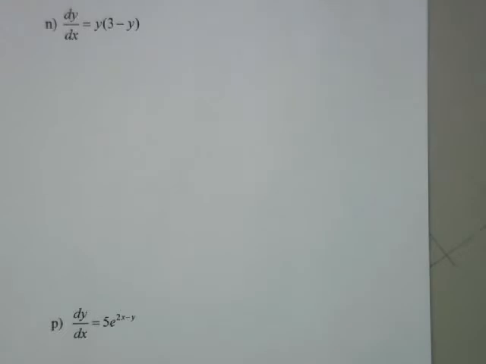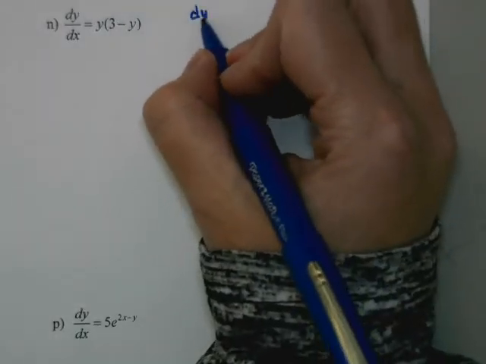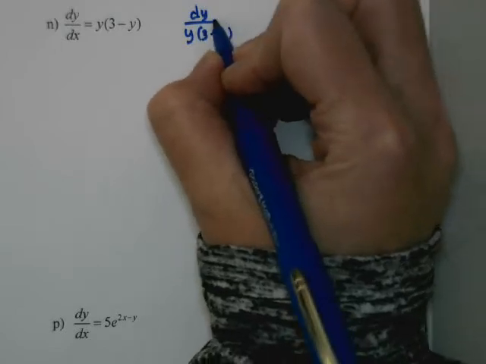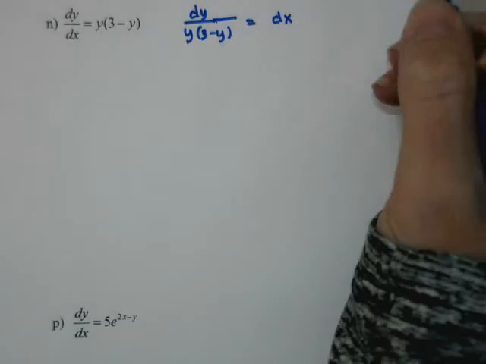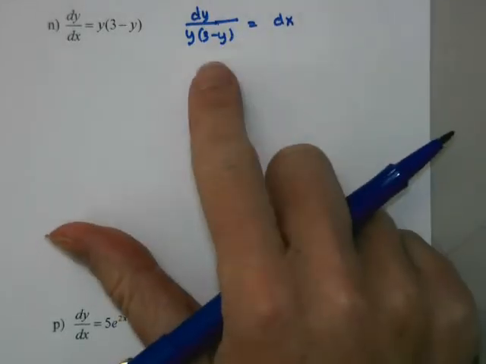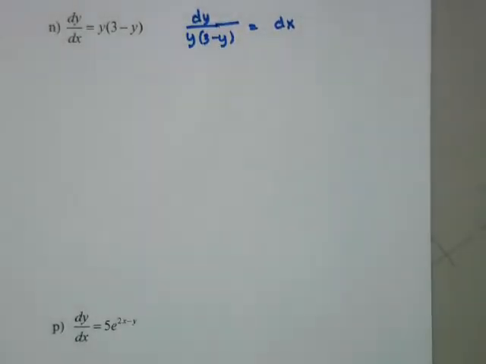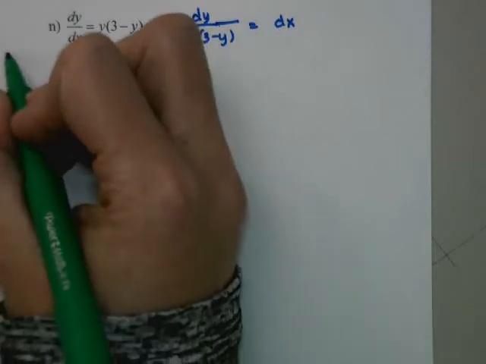All right, this next one's going to be a long one, just warning you. So here we're going to have dy over y times 3 minus y equals dx. So why is this a long one? Well, in order to integrate this, I need to use partial fractions. So remember, partial fractions, we separate out the two factors.